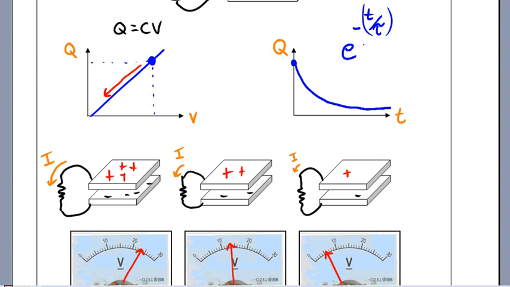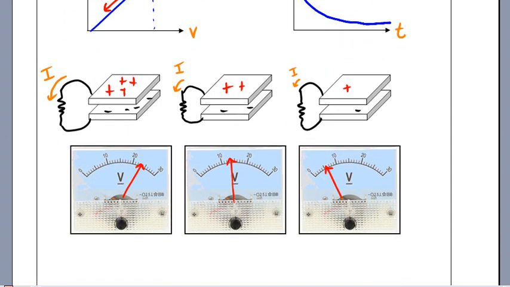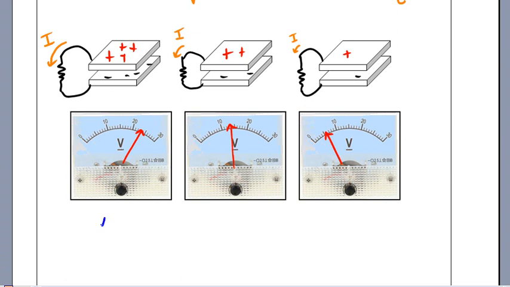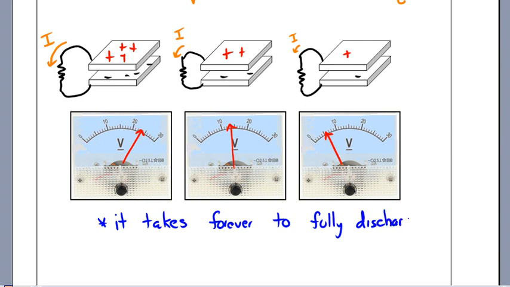So it technically takes forever to fully discharge the capacitor. And again, we're not going to wait forever. We're going to wait 5 time constants. I will say this as we finish up here for today: it takes forever to fully discharge, but after a little while, you can pretty much say there's nothing left.